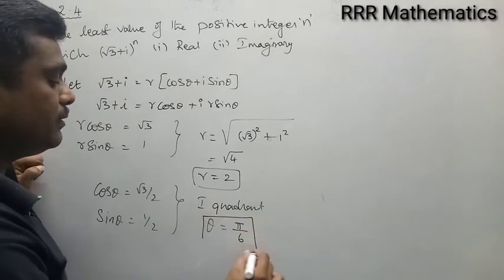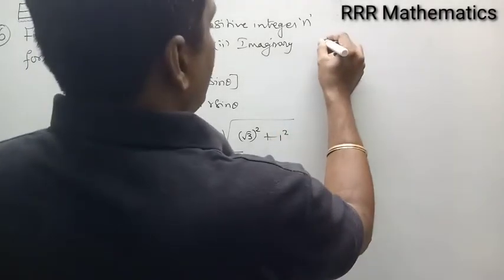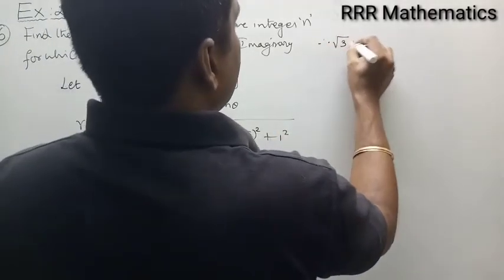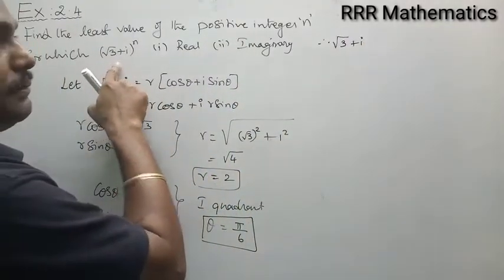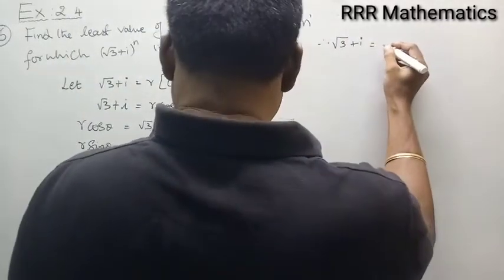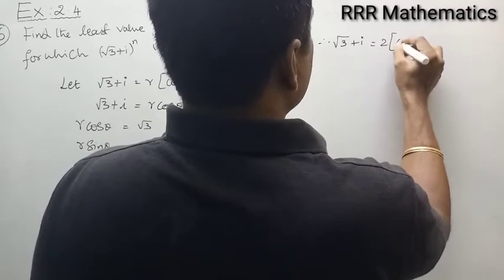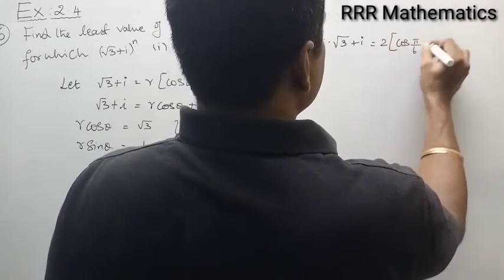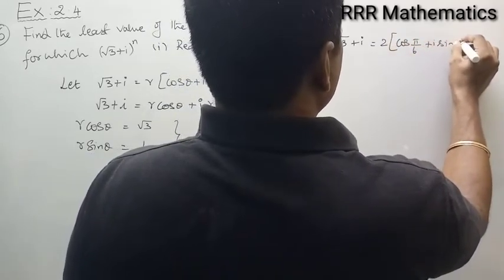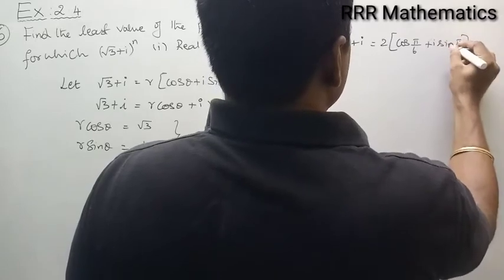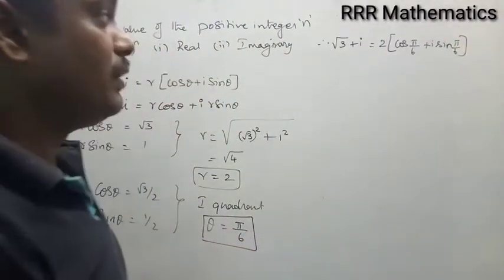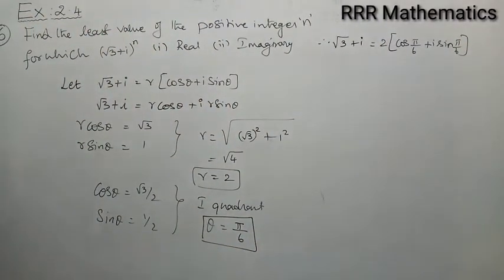So theta equal to pi by 6. Therefore, root 3 + i equals 2(cos pi/6 + i sin pi/6). This is the polar form of your complex number.